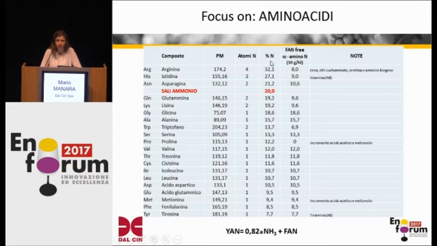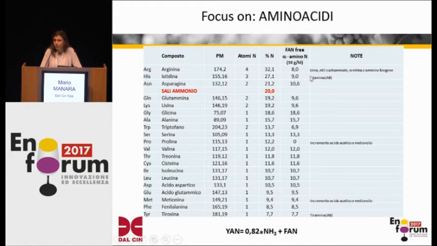For instance, arginine has 4 atoms of nitrogen in the molecule, and the percentage of nitrogen is therefore higher, as much as 32%. And the reference is the ammonium salts, which give 20%, for instance, at a dose of 10 milligrams per hectoliter. So this leads to tyrosine, which has the lowest percentage.